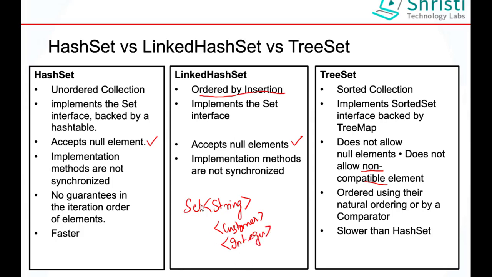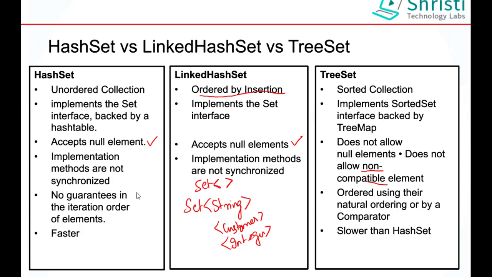But if I am creating a generic set without any type, in that case linked hash set and hash set will allow any type of object, be it string or customer or integer or order or employee. But coming to tree set, even in this case, it will not allow you to add non-compatible elements. If you are adding string, you should add only string. If you are adding customer objects, you should add only customer objects.